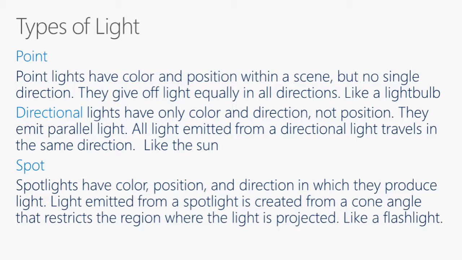We have point lights, which behave like a light that gives off equally in all directions. Think of it as like a light bulb. Directional lights, which have a color and direction. These are like the sunlight shining down. And spotlights, which actually behave just like a spotlight or a flashlight you can shine about your scene.